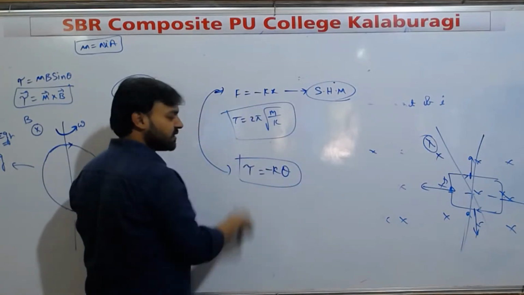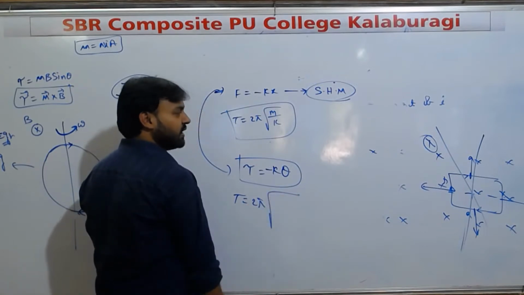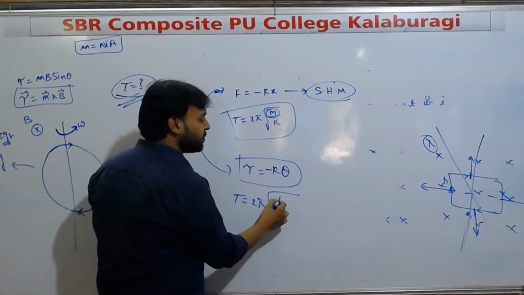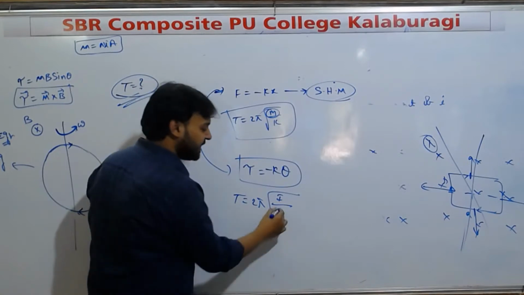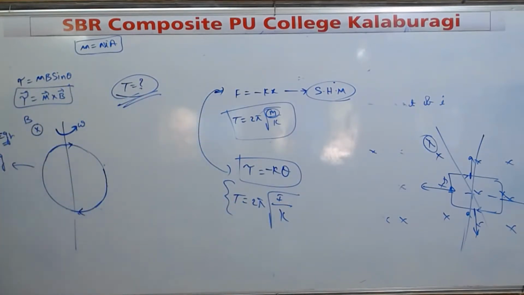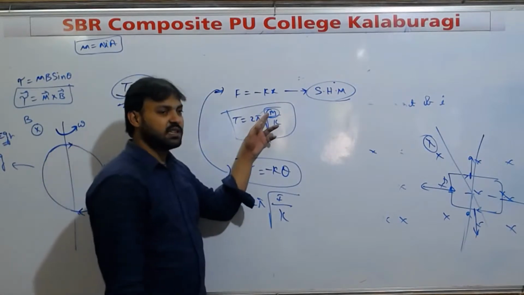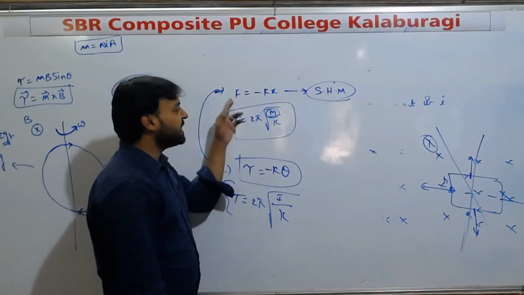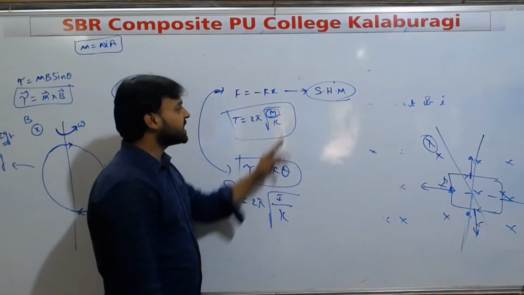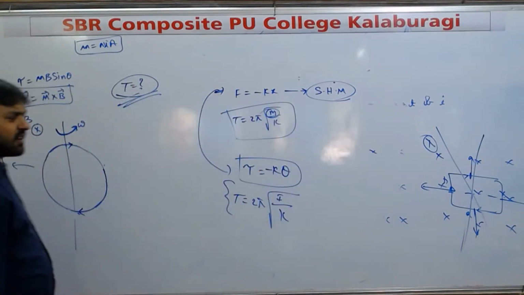So time period T equals 2 pi square root of mass, in angular terms moment of inertia, divided by k. Yes or no? Linearly we call it mass, in angular terms we call it moment of inertia, the rotational effect of mass. Rotational effect of force is torque, rotational effect of linear displacement is angular displacement. Remember this.